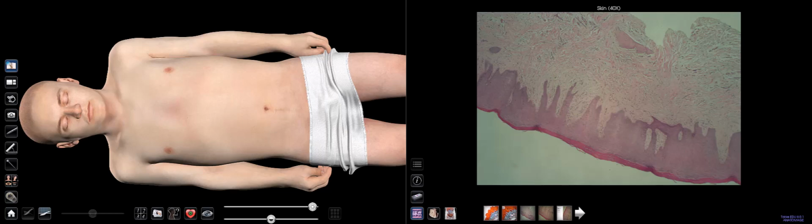It's just a magnification of the skin. Here's another one with some labels. You can see some of the different structures inside the skin a little bit closer. Anyway, these are some different images of skin.